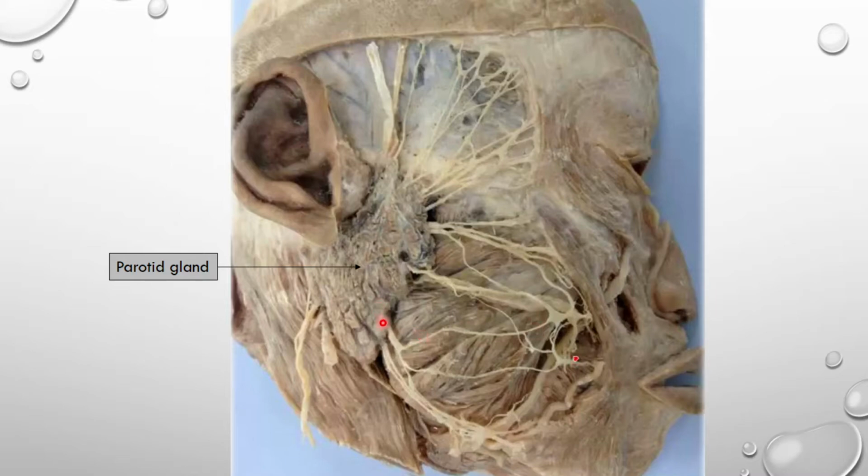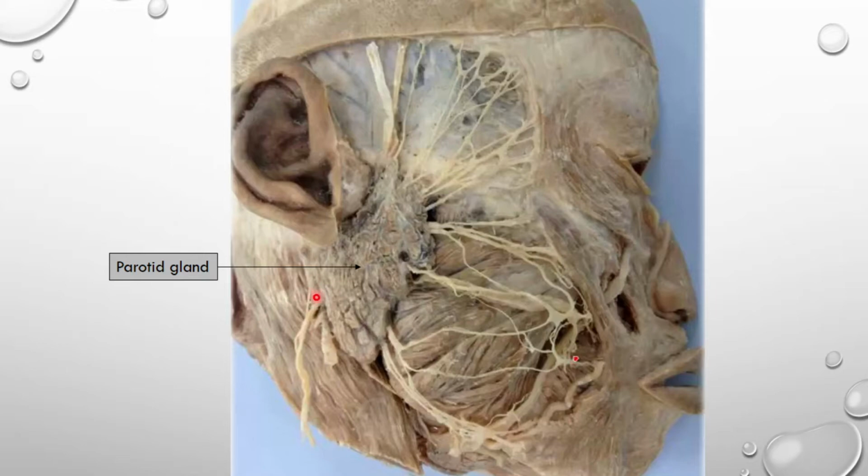We then have these branches that are running down along the margin of the mandible, so we call them marginal mandibular branches. And then we have some branches that run down into the neck, which are the cervical branches.